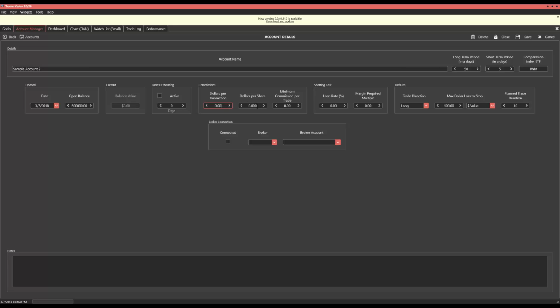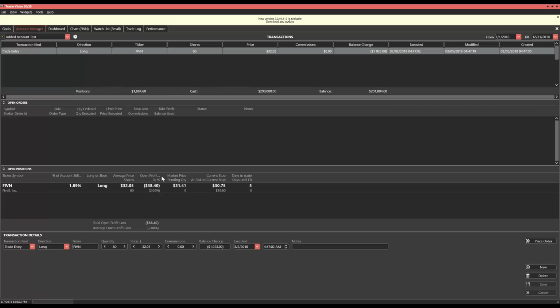Let's make this one half a penny per share, 5% loan rate, 3% multiple long. Let's make that 125 bucks. Save. Okay, so that's all there is to it.